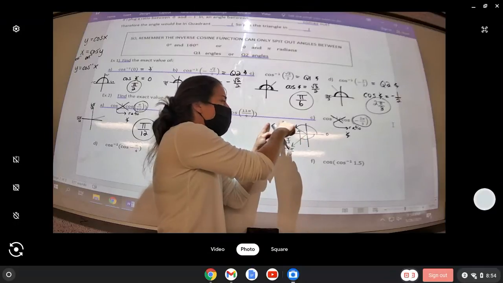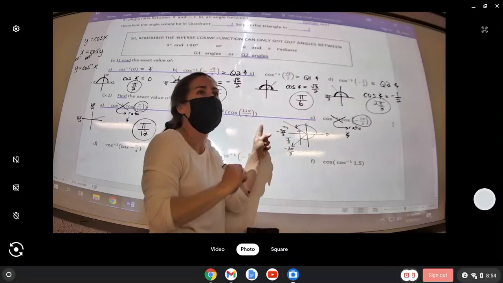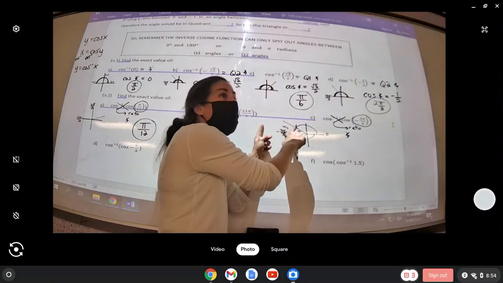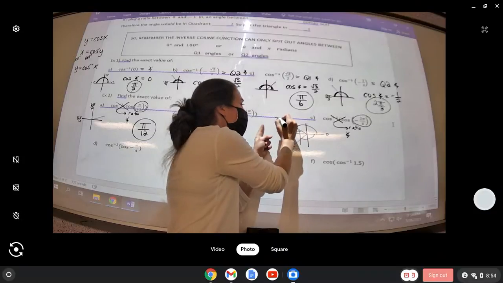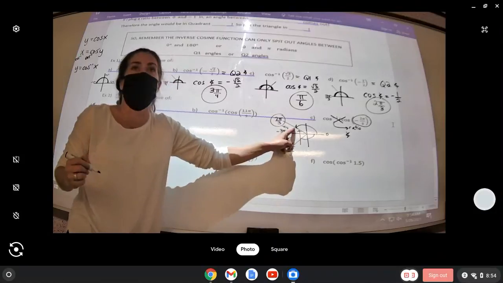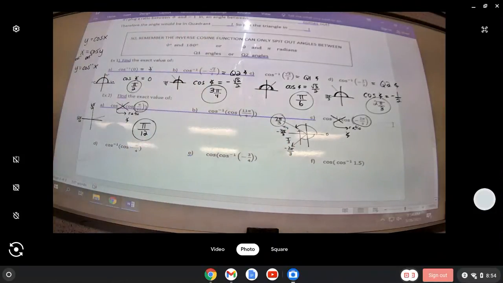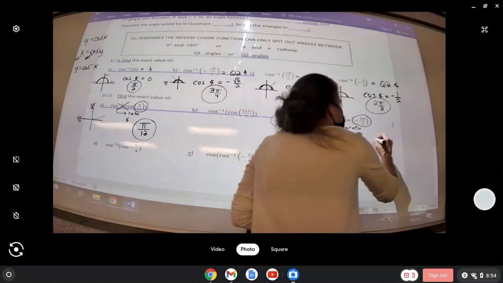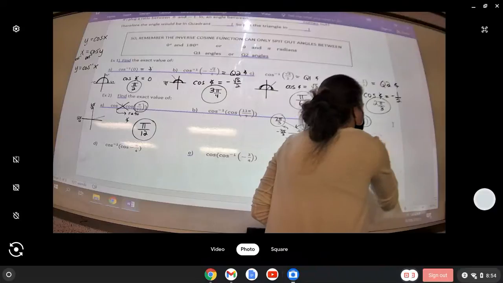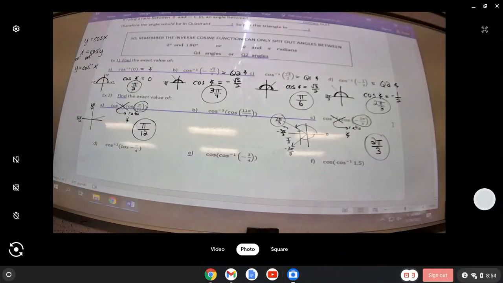How many pi's over 3 are right there? Anybody know the answer? 2 pi over 3, right? That's the quadrant 2 angle that had a reference angle of pi over 3. You have to use your reference angle to figure out what multiple of that pi over 3 landed in quadrant 2. So the angle that it would be capable of spitting out for this question is positive 2 pi over 3, because that's the quadrant 2 angle that survived its cut.